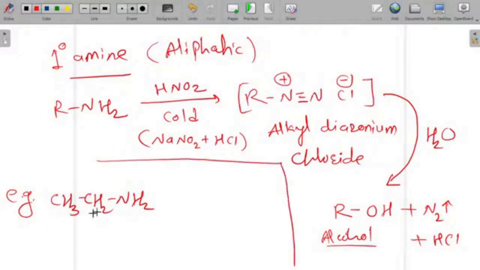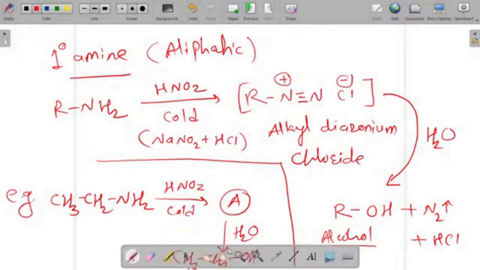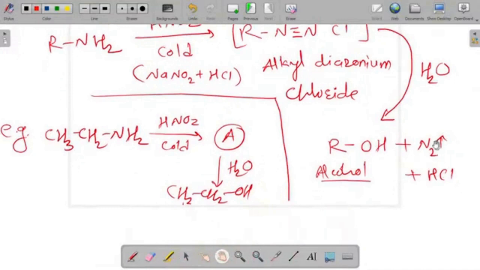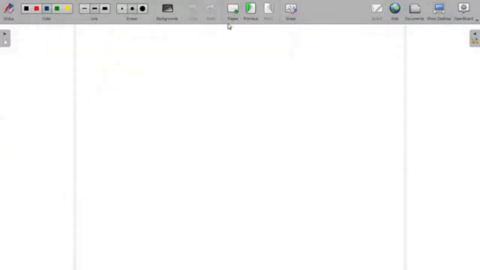This ethyl amine on first reaction with HNO2 at cold condition gives product A, which on further reaction with H2O gives ethyl alcohol, CH3CH2OH. The byproducts, you know now, are N2 and HCl. Understand this reaction now? So this is with the primary amine. What is the reaction with the secondary amine, we will see now. Secondary amines, diazotization.